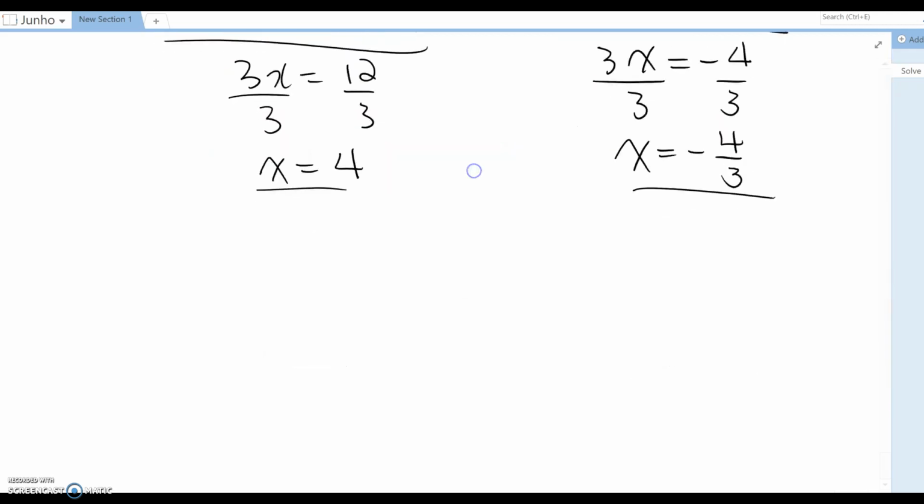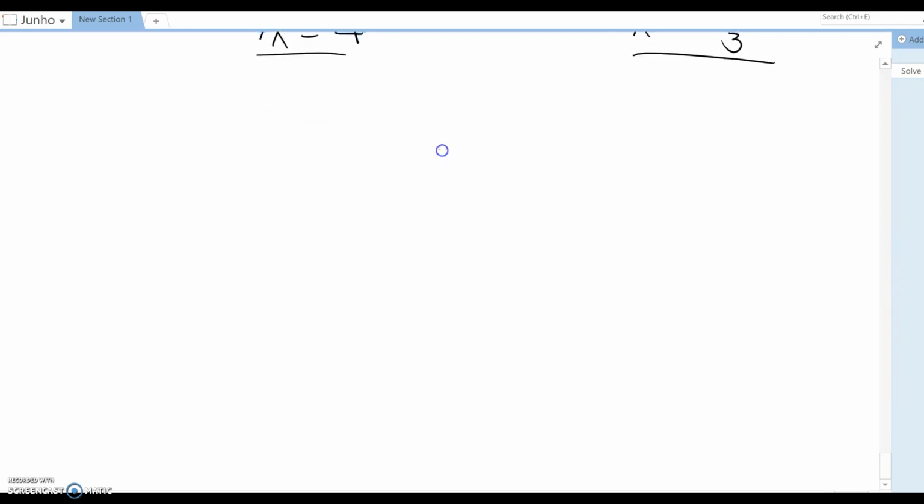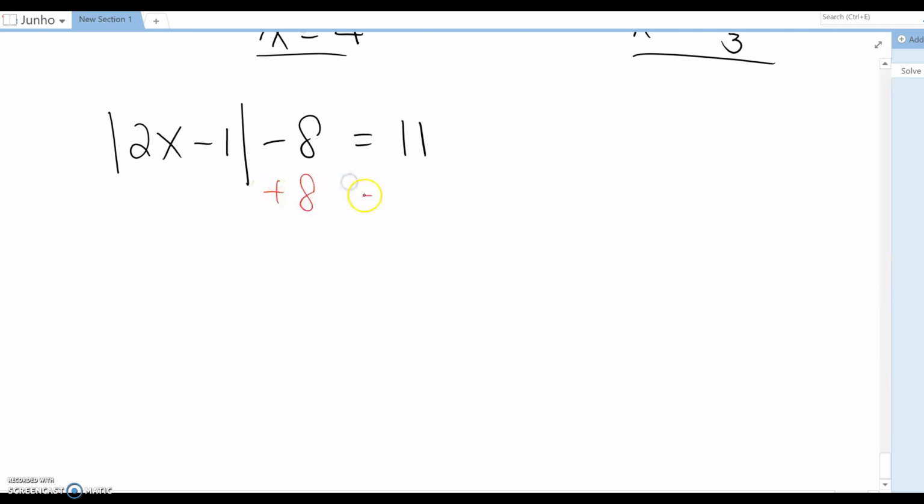Okay, then another question, absolute 2x minus 1 minus 8 equal to 11. Yes, before we isolate the absolute value alone, we add 8 on both sides, then absolute 2x minus 1 equal to 19.